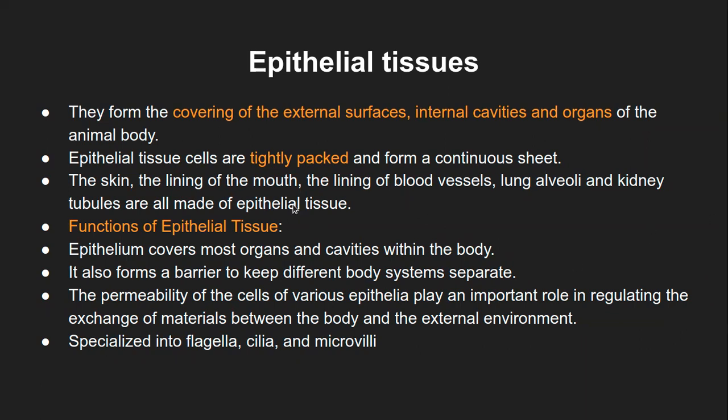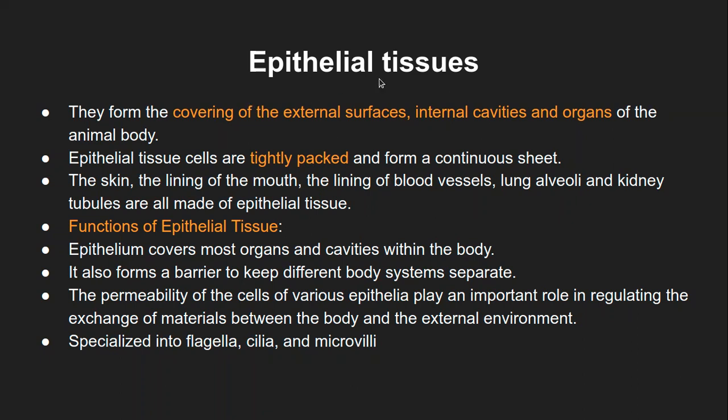Now, the examples that are given here: the skin, the lining of the mouth, that is the inner lining of the mouth, what we call oral mucosa, right? The oral cavity inside your mouth is epithelial tissue. The lining of the blood vessel, again the innermost lining of the blood vessel, is a specialized type of tissue.